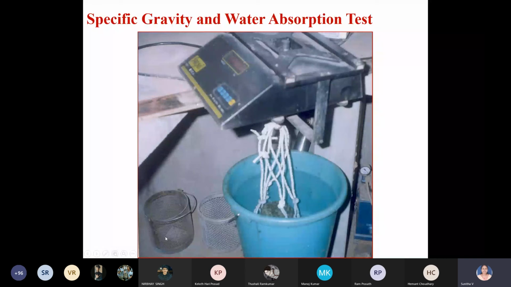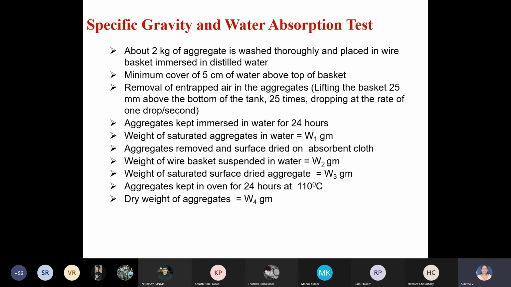With the wire mesh, you find the weight in air, then keep the aggregate inside, dip the entire wire mesh bucket inside the water container, hold it there, and find the weight again. Weight in air and weight in water will give you the specific gravity.